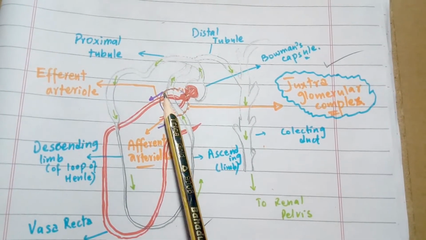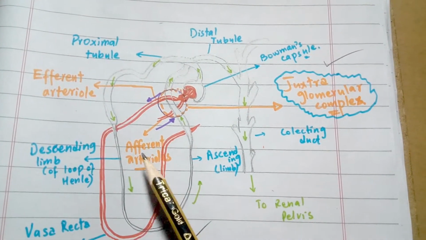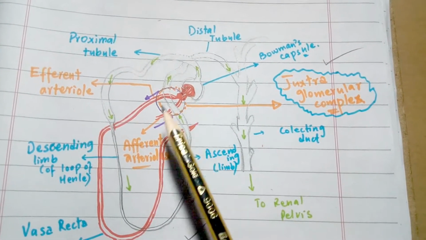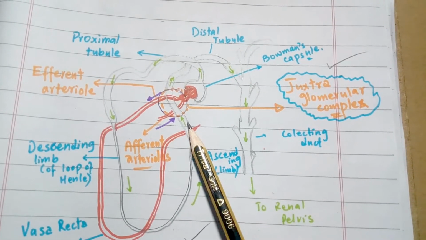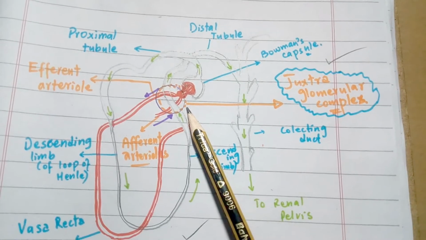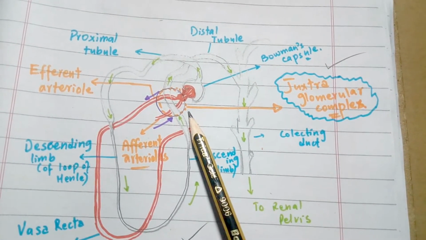Efferent arterioles carry blood away from the Bowman capsule, and afferent arterioles take the blood toward the Bowman capsule. The initial portion of the distal tubule of the ascending limb passes through a fork-shaped angle made by the afferent and efferent arterioles of the same nephron.